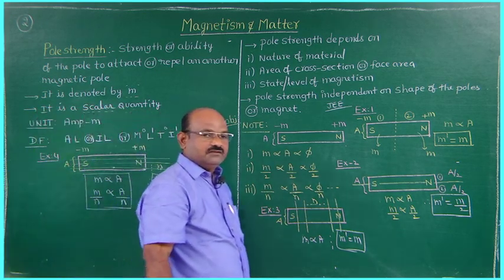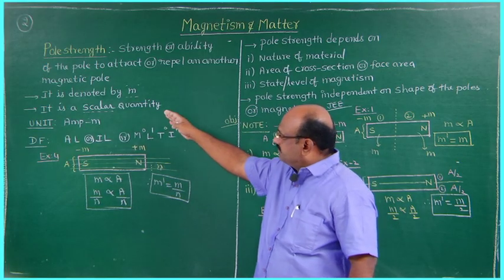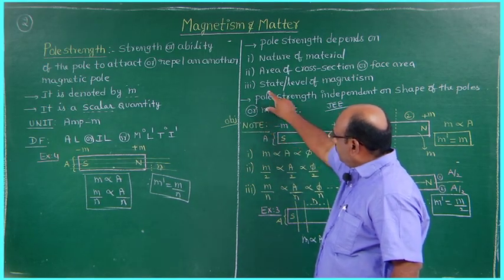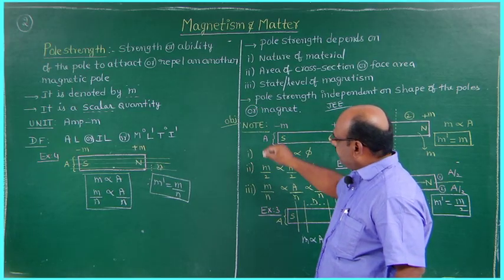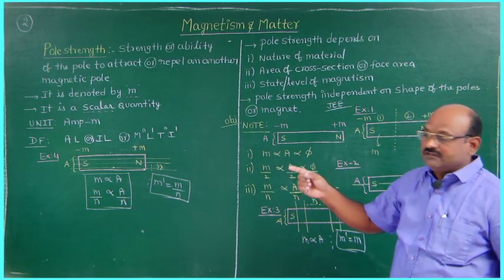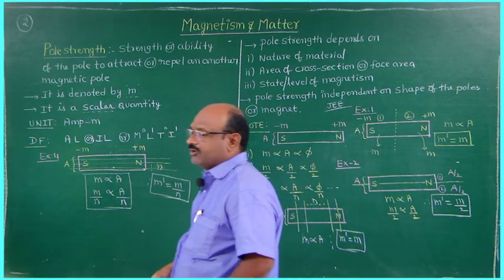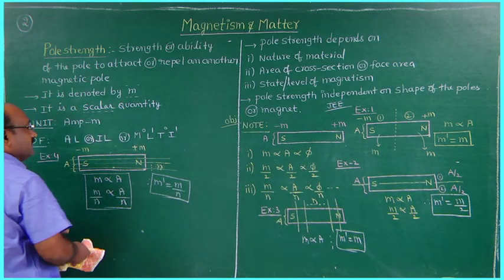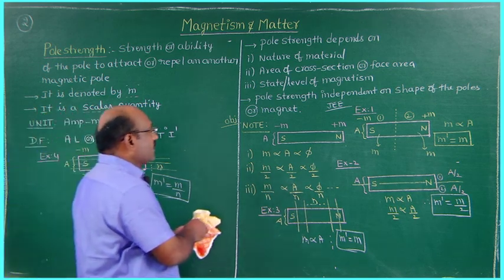Okay, students. So, the pole strength concept: listen carefully and note it down carefully. All points regarding pole strength I have explained, and a note point also I said. After that, I gave the 4 examples. They covered different models. This is the pole strength. So, pole strength dependence and independence I have also explained.